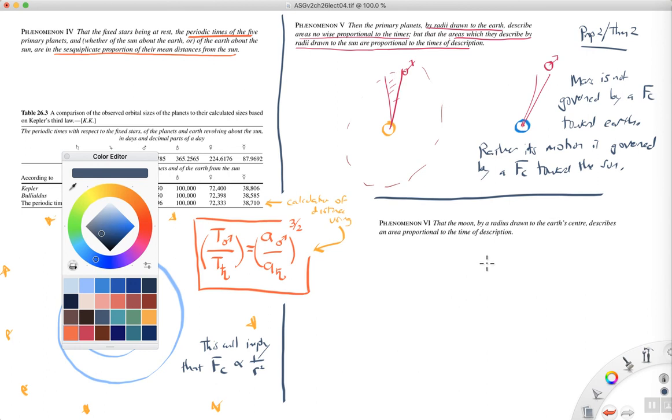That the moon, by a radius drawn to the Earth's center, describes an area proportional to the time of description. So if you draw the Earth, let's say right here. So here is the Earth.